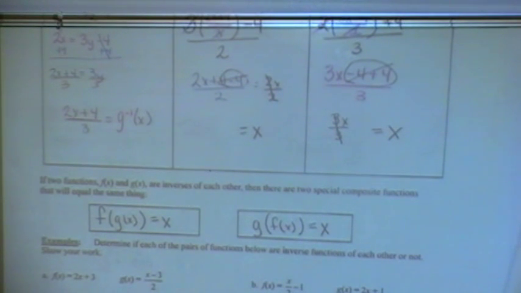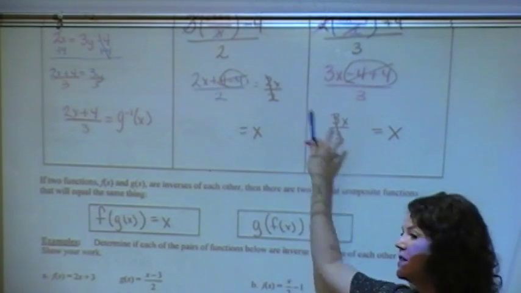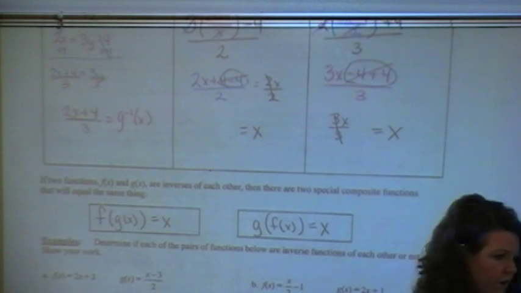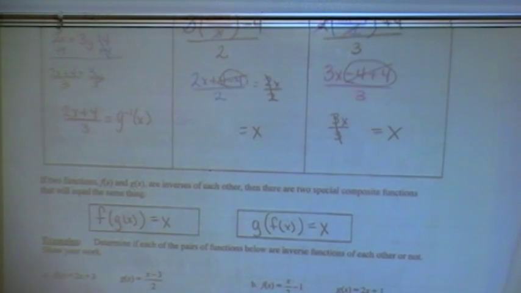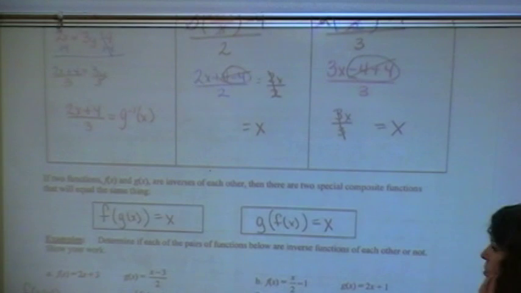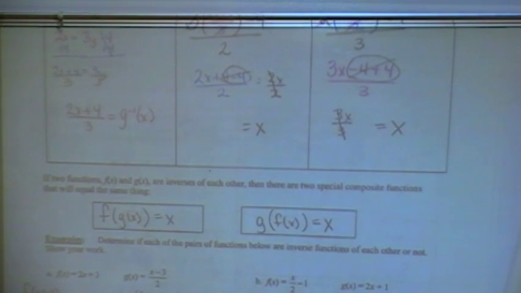So now, they've asked us to determine, by using this notation, if these are inverses of each other. So first we will find f of g of x. Then we will find g of f of x, and they should both equal x. We're going to plug g into f, solve it, and then we'll plug f into g. So let's go g into f first.